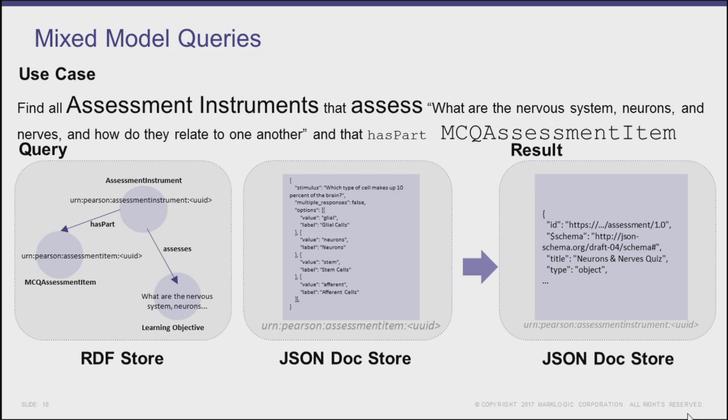But then we want to take the results of this query and find the resources with that URI in our document store. We can then transform those along with the other results from the query to produce a customized assessment instrument. So here we're combining dynamically different assessment items to produce an assessment instrument that's specifically targeting a particular user's needs.